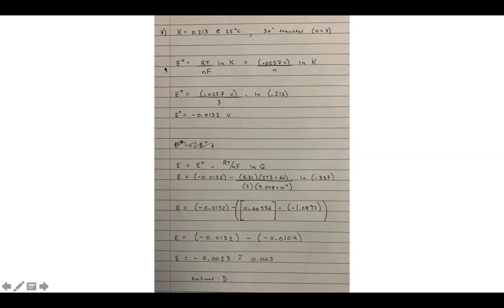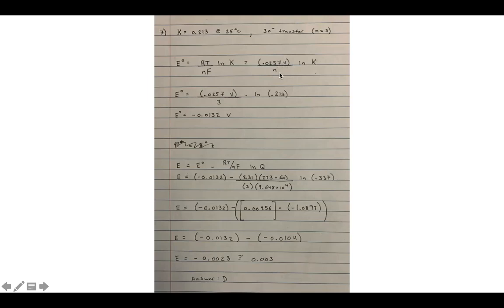And so I'm going to use this equation to solve for my standard cell potential. Because we're at 25 degrees Celsius, you may have noticed that in SI and also in lecture, they showed you a slightly alternative equation that really just multiplies R times T and divides it by F. And it's this value.